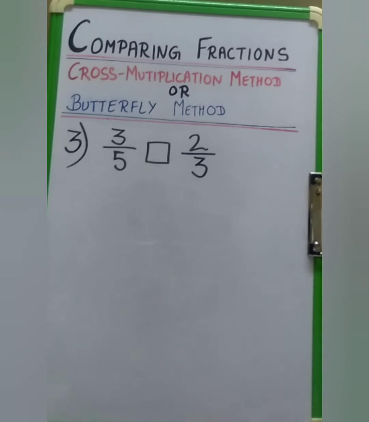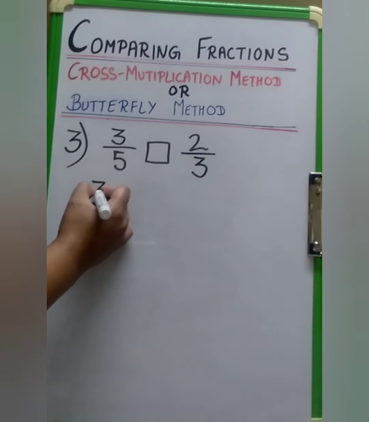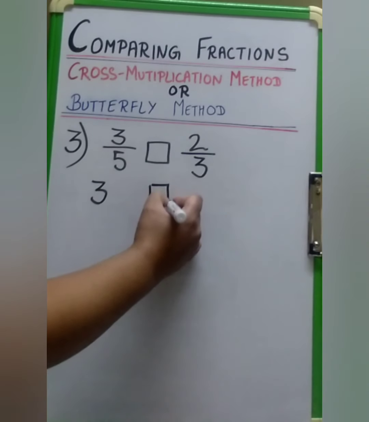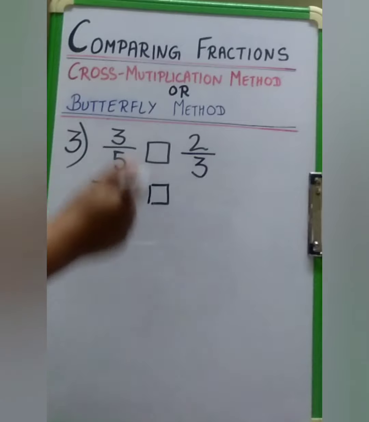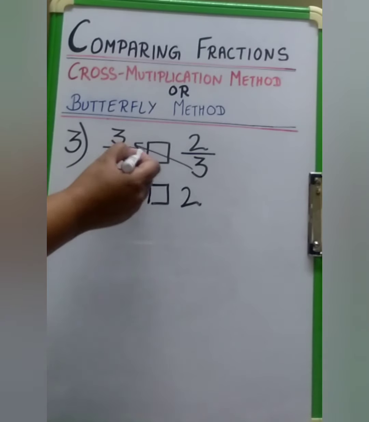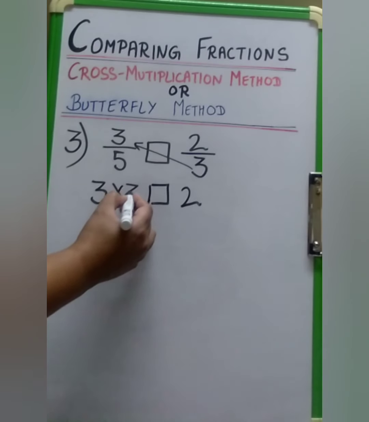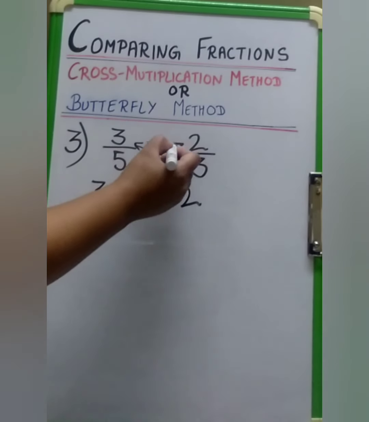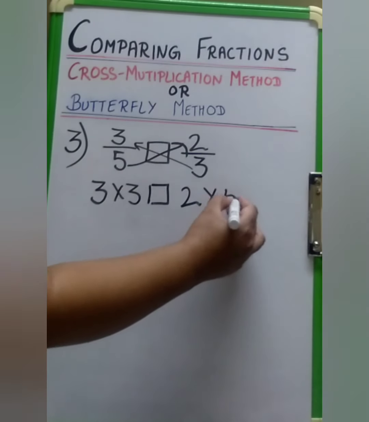The next example is, you have to compare 3 upon 5 and 2 upon 3. Again I'll write down both the numerators first. Here it is 3, and on the other side I have 2. So this denominator comes to this side, 3 into 3, and this 5 will go to the right side.